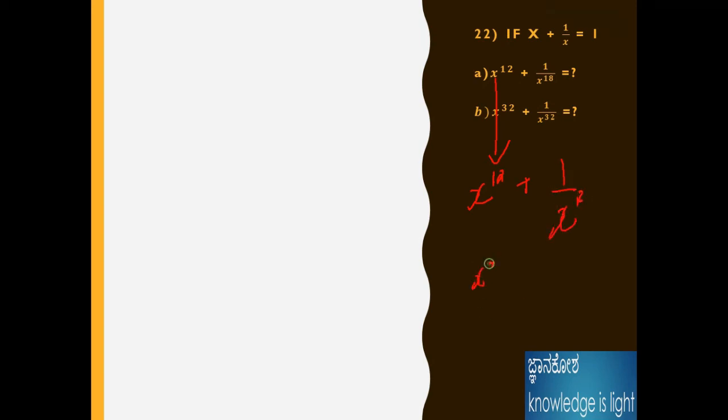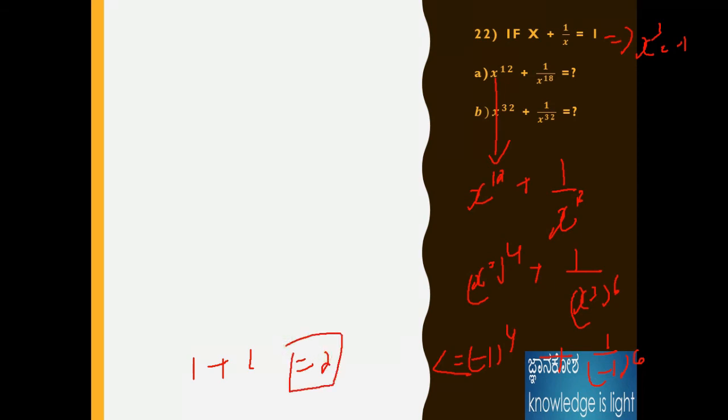I will take x cube is equal to minus 1, so it becomes (x cube) to the power of 4 plus 1 by (x cube) to the power of 4, that is minus 1 to the power of 4 plus 1 divided by minus 1 to the power of 4. Here I am taking minus 1 to the whole power, and that should be positive only, because here it is even and here it is also even. 1 plus 1 is equal to 2, which is the answer for this question.